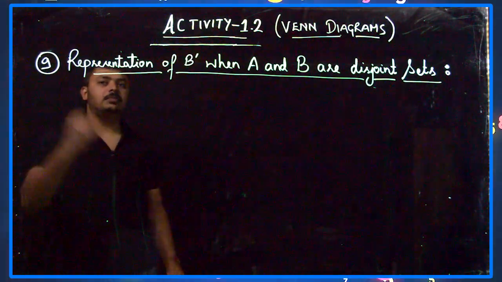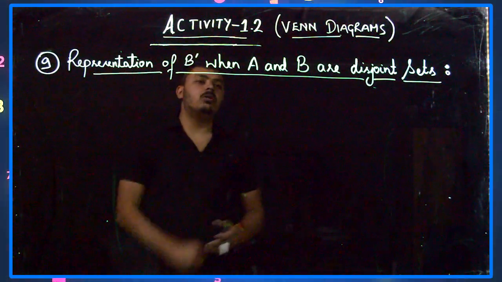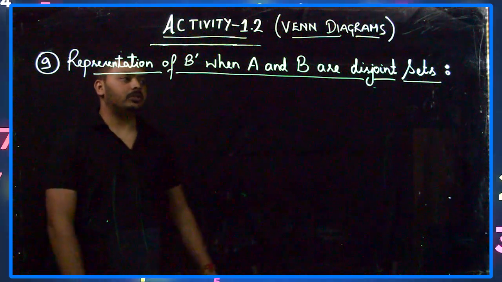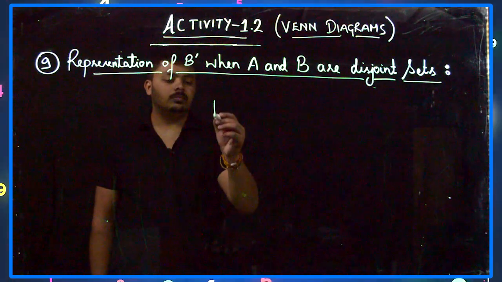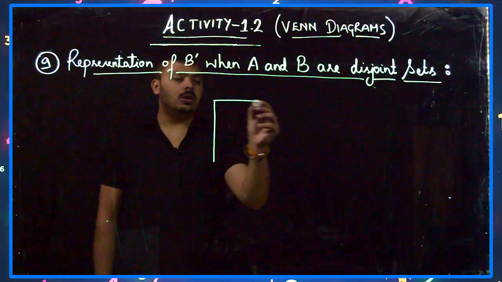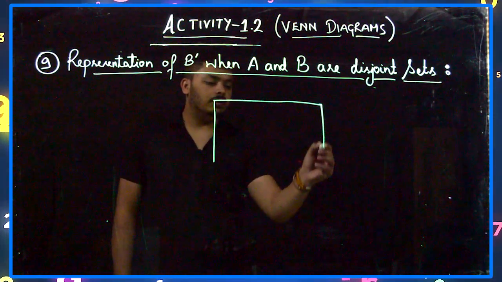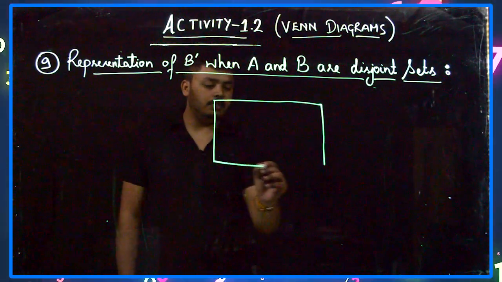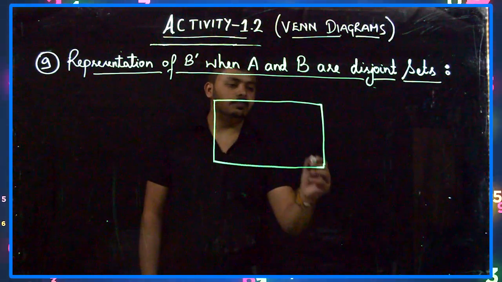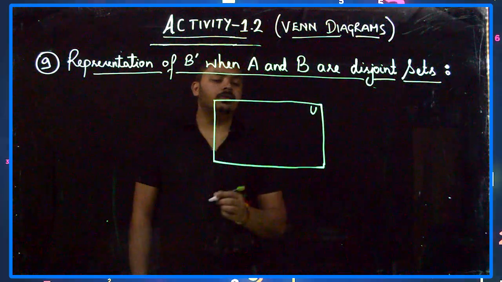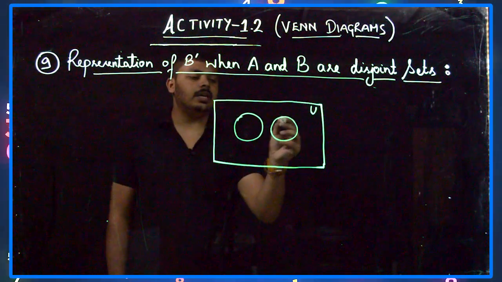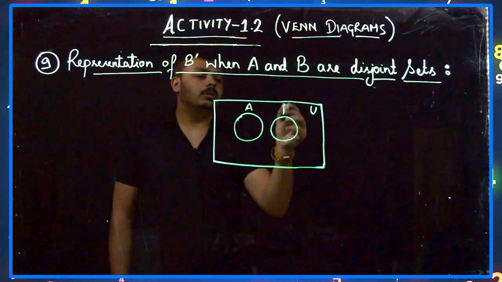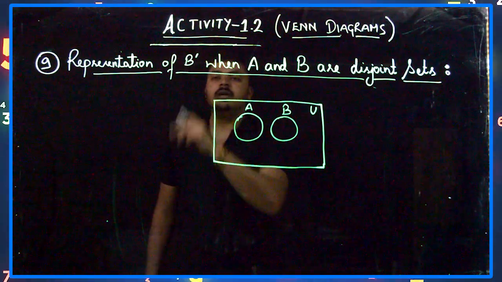Now, in our ninth point, we'll represent B complement when A and B are disjoint sets. So now, we know how to represent disjoint sets and complement of a set. Then we have a universal set and two disjoint sets A and B, and we have to find B complement.